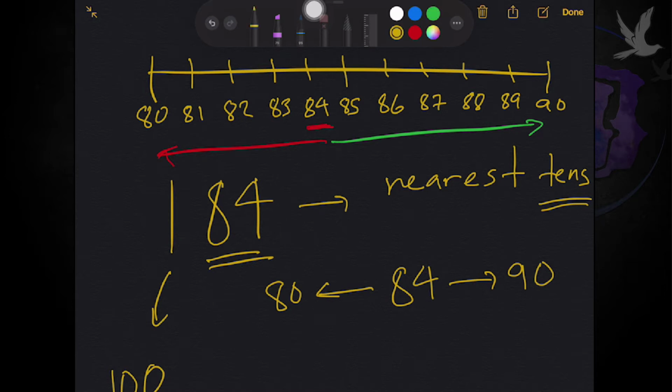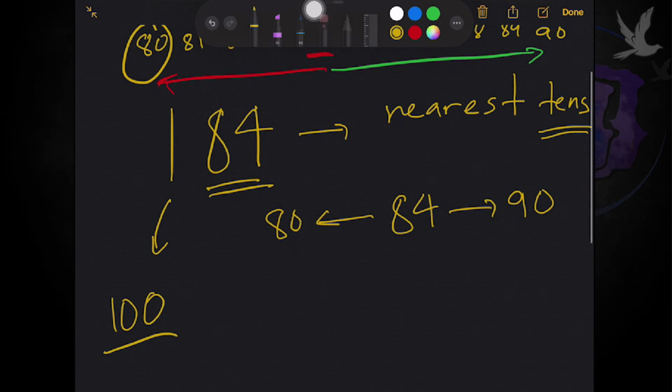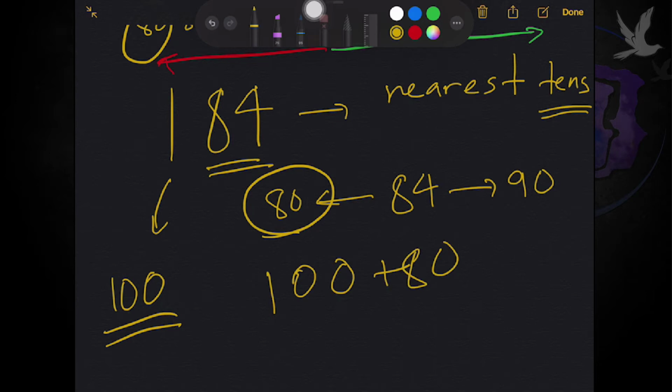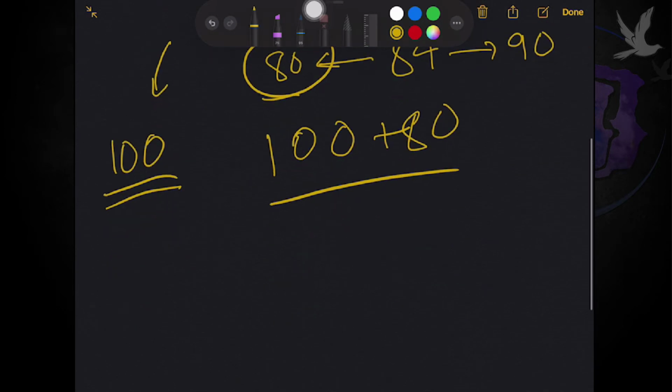Obviously, it's 80. So we can now safely say that 84 to the nearest tens is basically just 80. But remember, we have 100 earlier, right? So which means you have to put it back together again, which will give us 180.